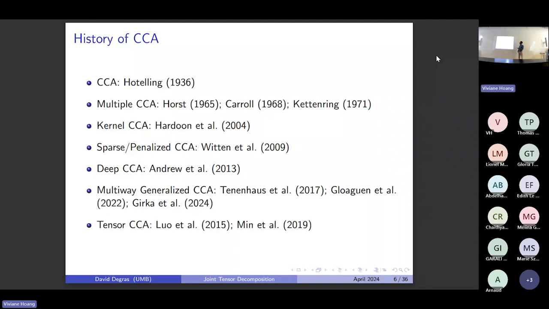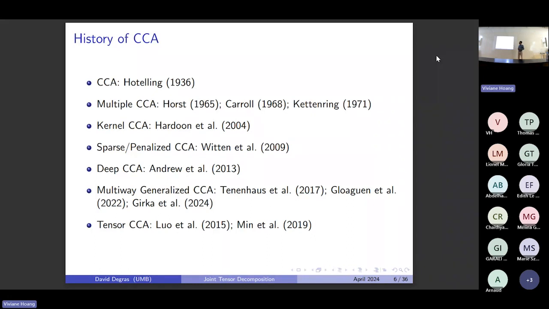Later on, as in many statistical methods, we realized that just looking for linear features and linear combinations might be a little too restrictive. We want to try to capture some nonlinear features in the data. One easy way to do that is to use kernels, and there are some straightforward extensions.